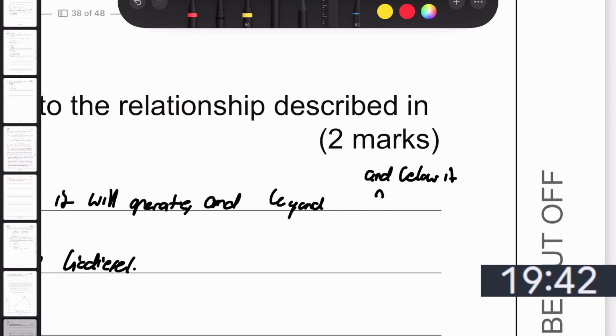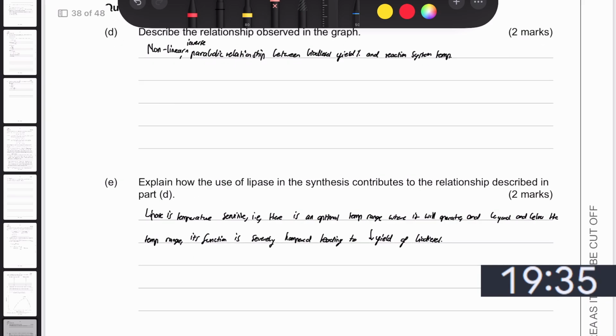Beyond and below the optimal temp range, its function is severely hampered, leading to decreased yield of biodiesel.